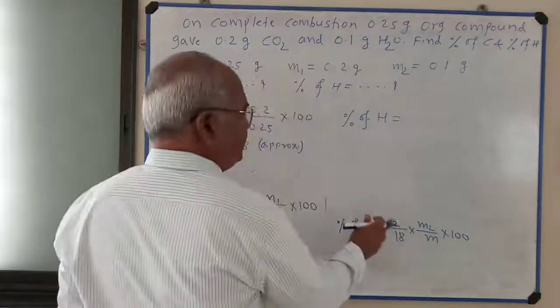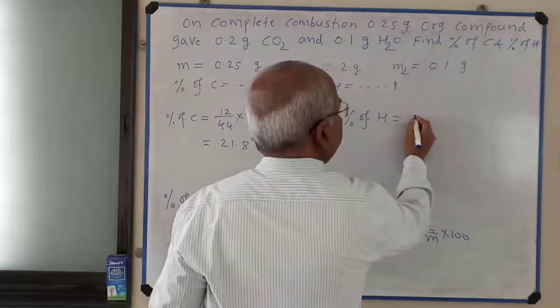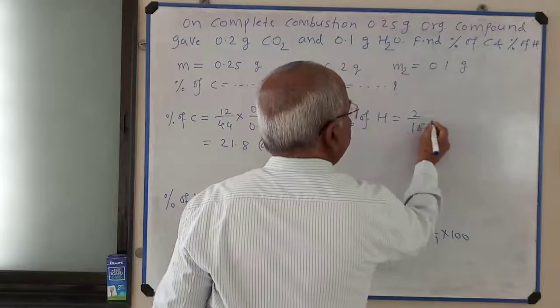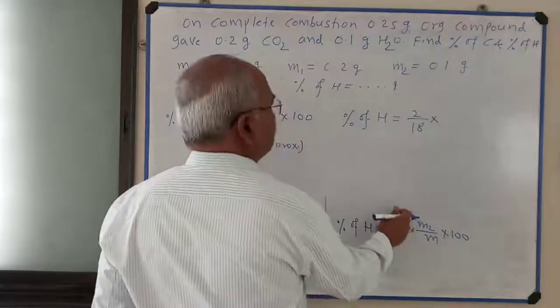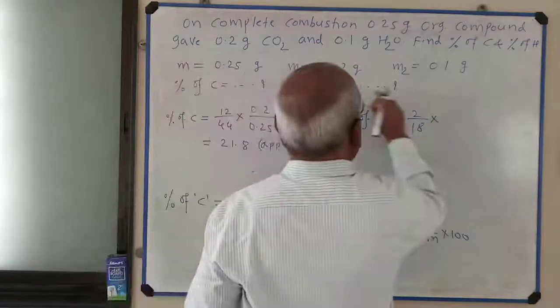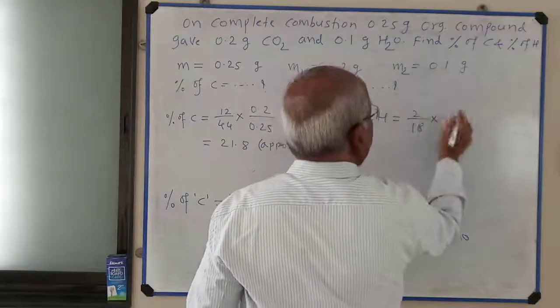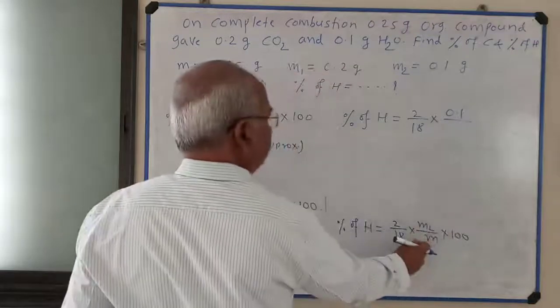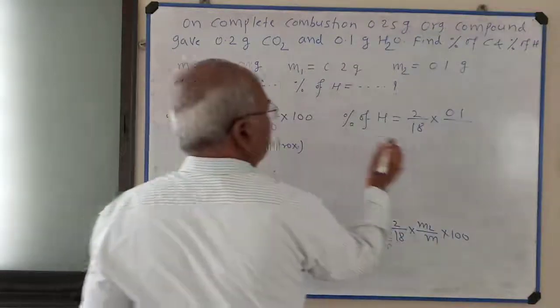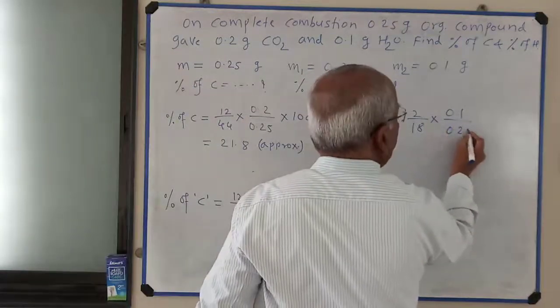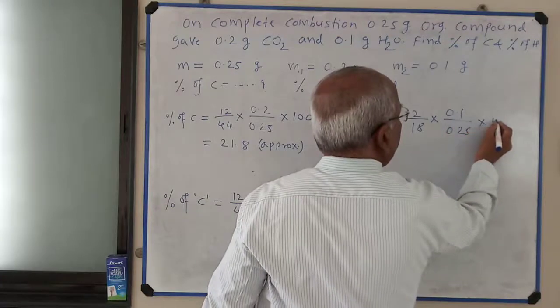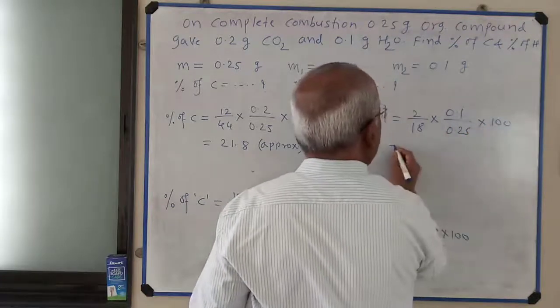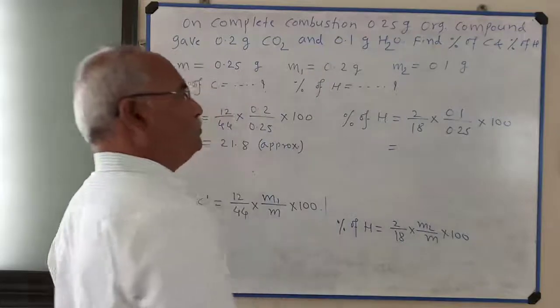The formula is 2 upon 18 into m2, that is 0.1 gram, divided by m, 0.25, into 100.